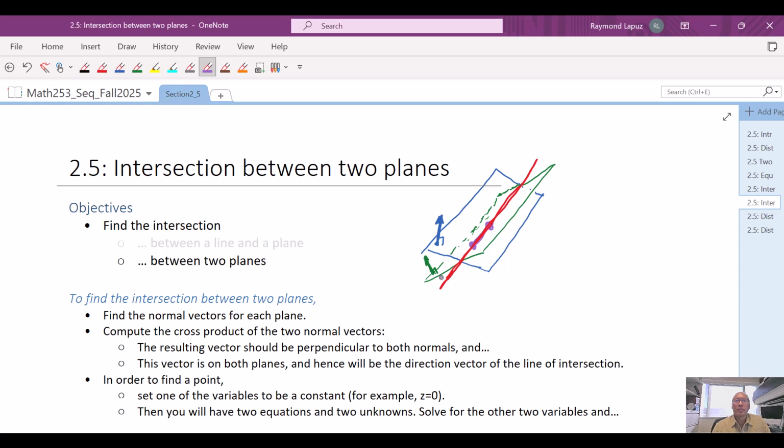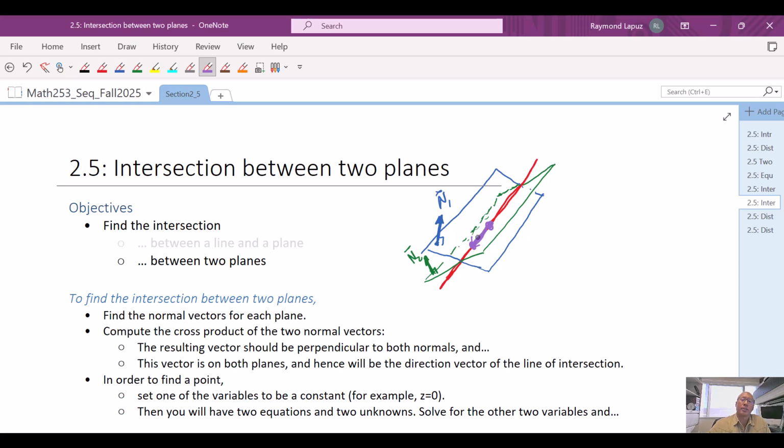If we want a vector lying on both planes, it has to be perpendicular to the normal vectors. So if we find a normal vector for one plane, let's call it N1, and the other normal vector we'll call N2, the direction vector that we're looking for should be the cross product of N1 and N2, because remember, when you cross two vectors, you get a vector that's perpendicular to both of them.